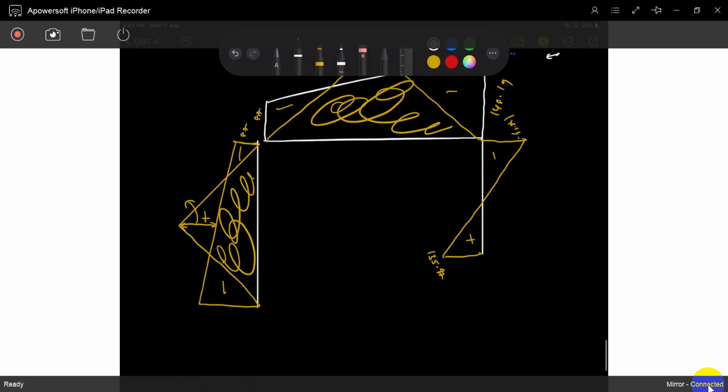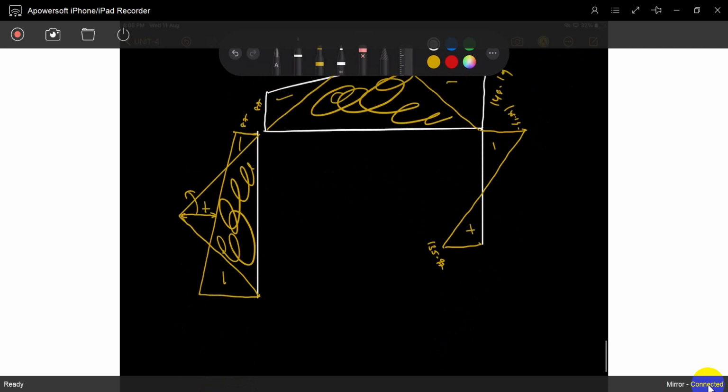Otherwise, you can write down the same diagram. I will write down a simple, small diagram so you can directly take it in.